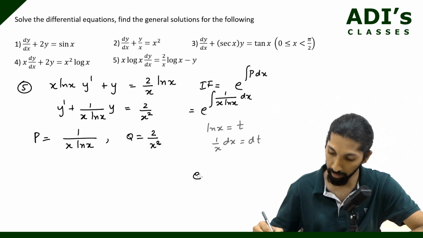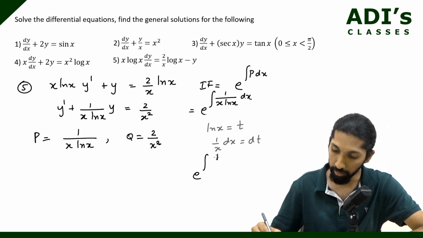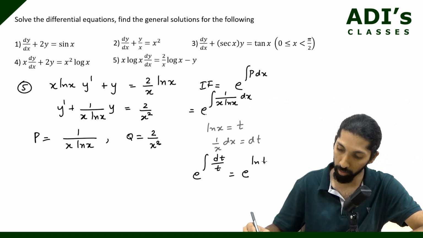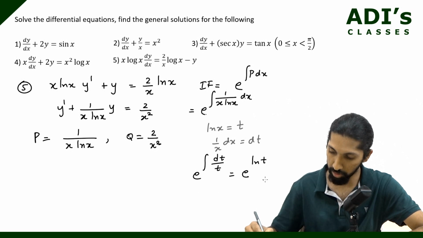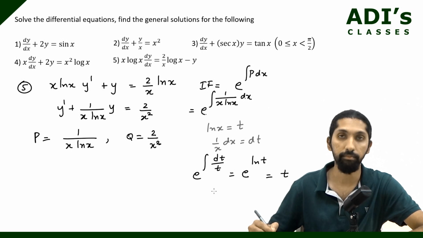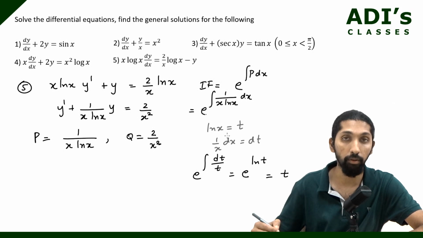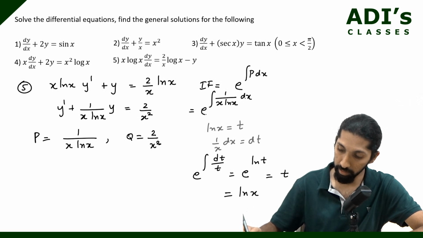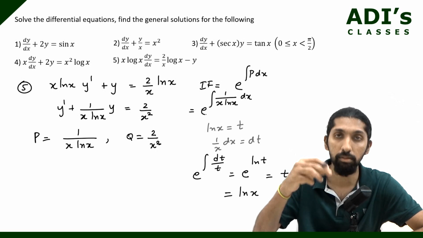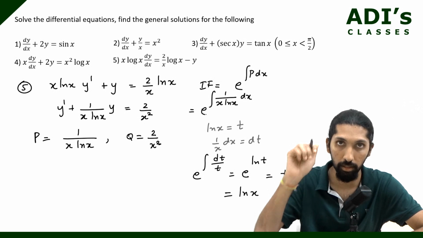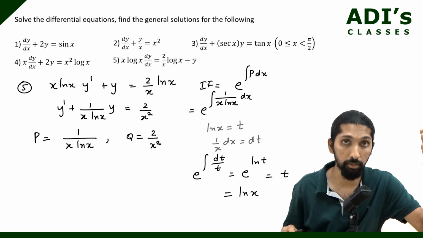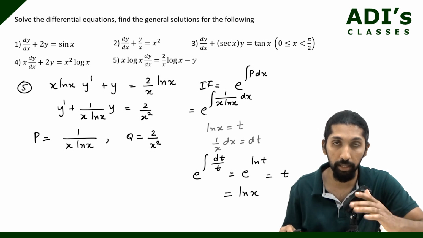So we will have integral of e to the power of dt divided by t, right? E to the power of log of t, which basically is just t. But what is t? Log of x. That means the integrating factor is only log of x. Understood? So since the integrating factor is log of x, now let's do the next step, that is forming the equation.